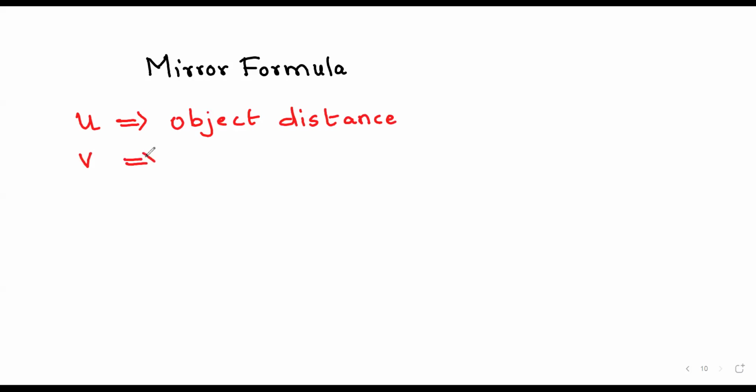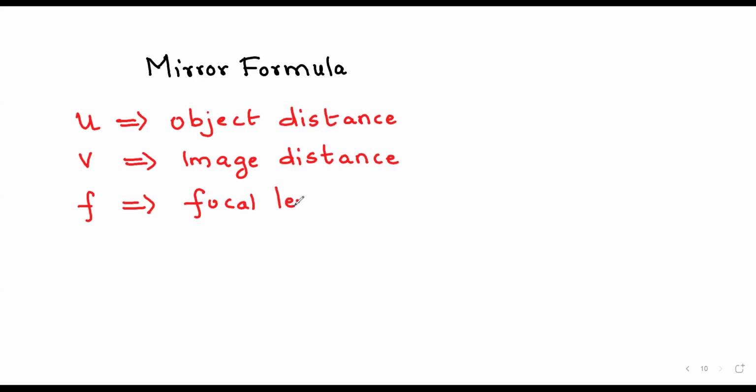V stands for image distance, that is the distance of the image from the pole. And F, as we all know, is the focal length. So there is a relation connecting all of them. We call it the mirror formula: 1 by V plus 1 by U gives you 1 by F.